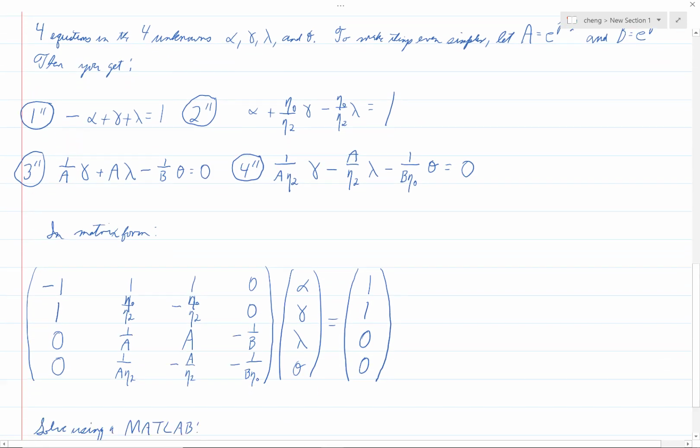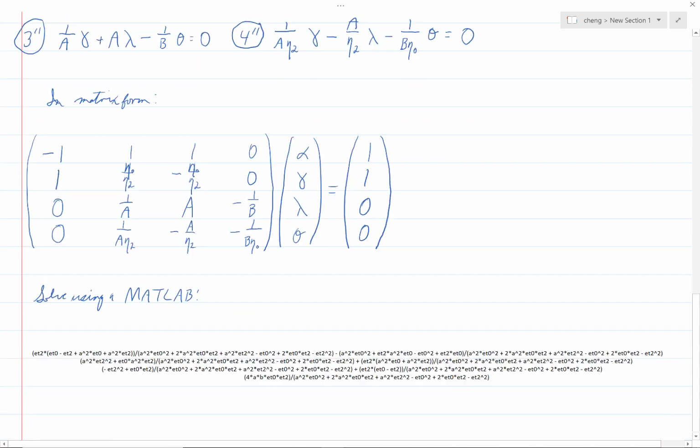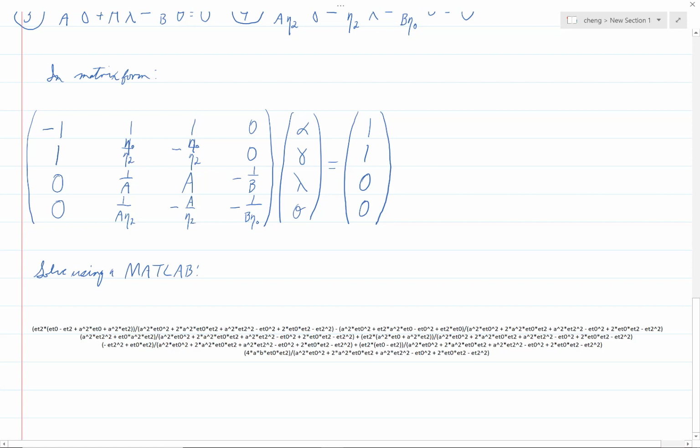And so if we put this into matrix form, it looks like that. And then if we use MATLAB and the symbolic matrix solver, this is the solution that we get. Now the first line is the value for alpha.